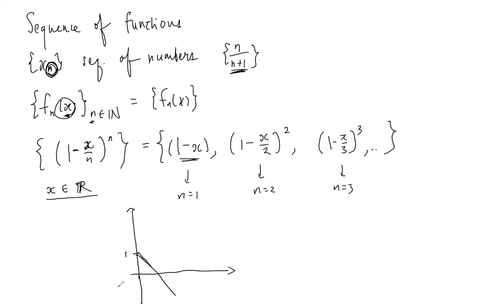For simplicity, I just graph for positive values. This is the case of n equals 1. Now this is quadratic, n equals 2. This is a quadratic function, so you have something like this.